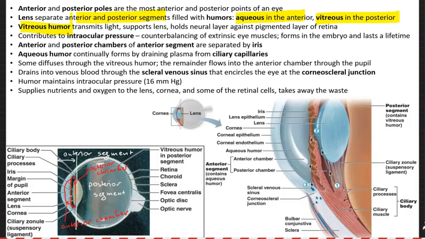Vitreous humor basically supports the eye and contributes to intraocular pressure. Allows your eye not to collapse. Now, chambers in the anterior segment are separated by iris, as we mentioned.